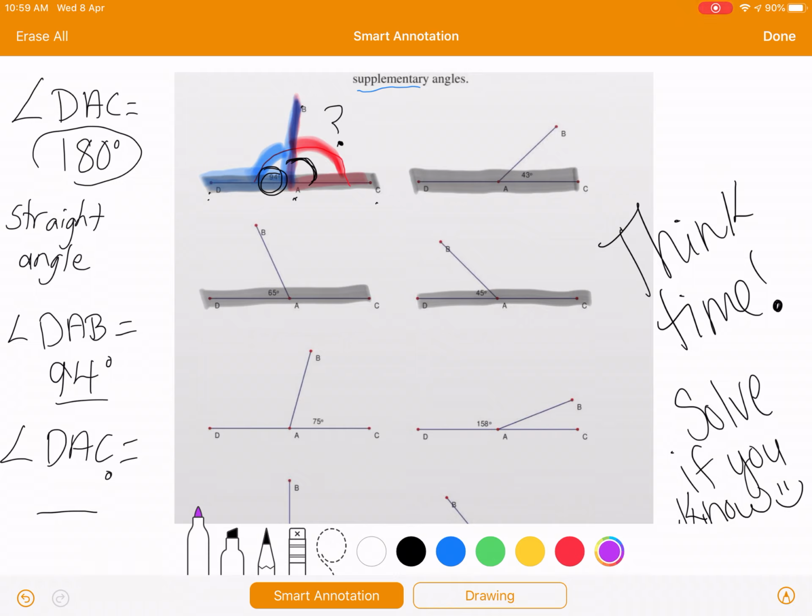So what we can do is, if we know the full angle, DAC, is 180 degrees, we can subtract 94, because we know that these two angles together equal 180 degrees. So when we subtract, we'll want to borrow.